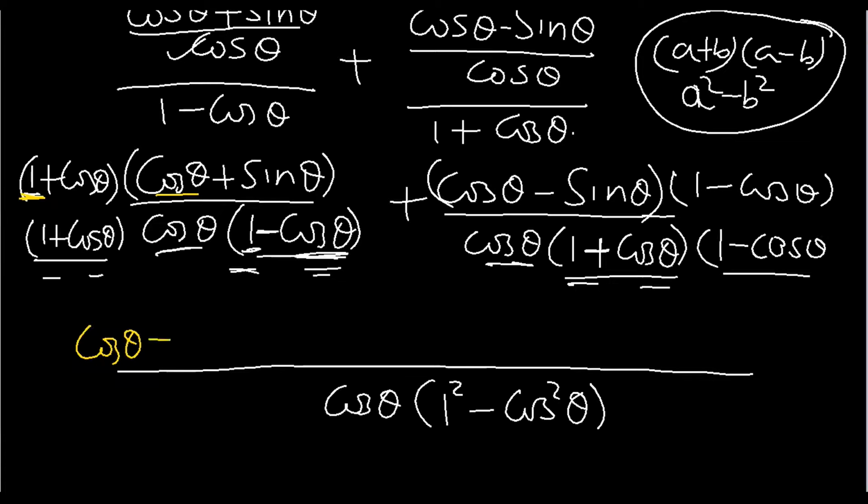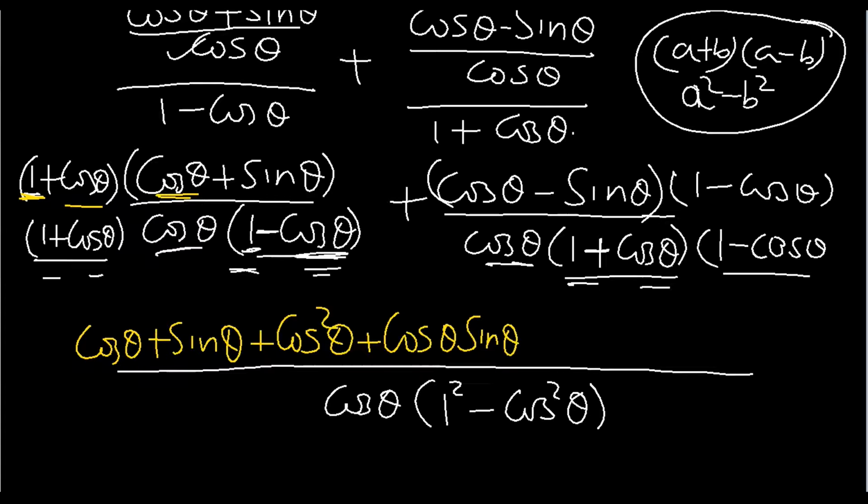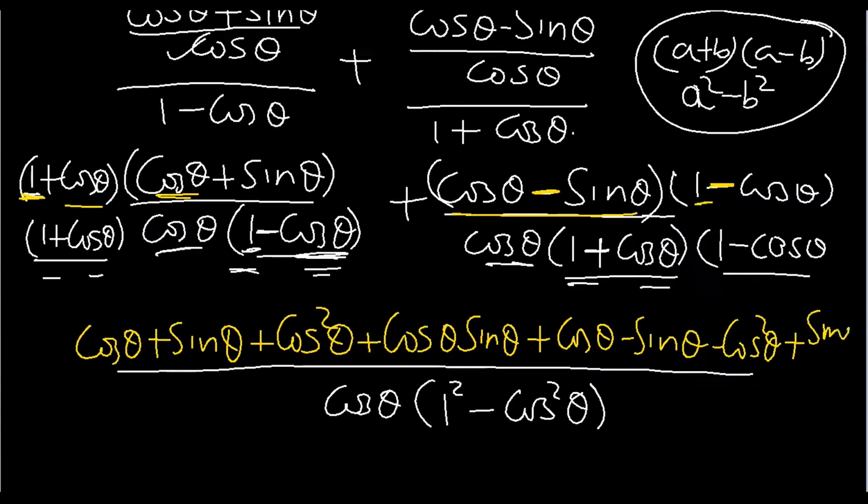Similarly, 1 with sin theta, plus cos theta with cos theta, then cos theta with sin theta, then plus, same thing here, cos theta minus sin theta multiplying with 1, and then we get minus cos square theta, and this is minus plus sin theta cos theta.